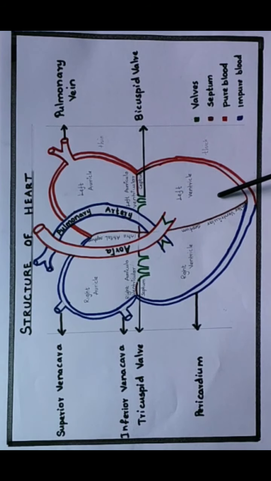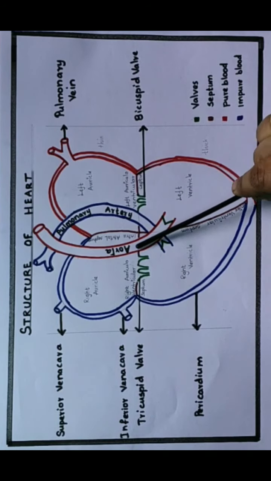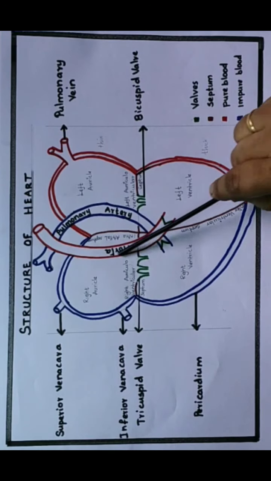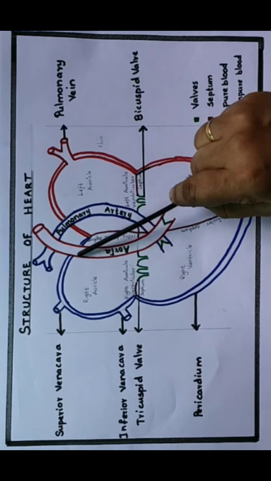Now this left ventricle is completely filled with pure, oxygenated blood. And the oxygenated blood is pushed to all parts of the body through aorta. Aorta is an artery which carries the purified blood from the heart.